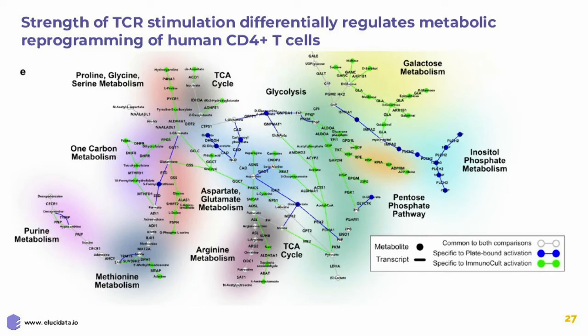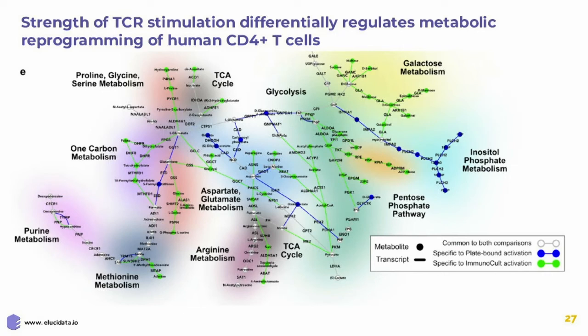What do I mean by that? So if you look towards the area which talks about 1-carbon metabolism, where glutamate is getting converted into formate, you can see that when you use the plate-bound activation, essentially the canonical pathway that is mediated by DHFR seems to be very, very strongly engaged.